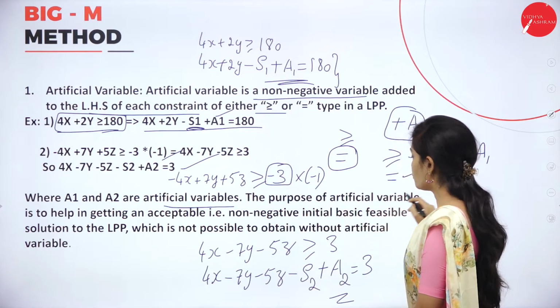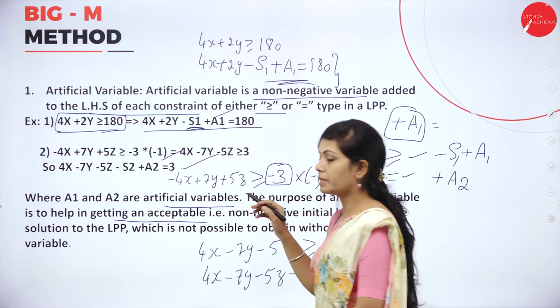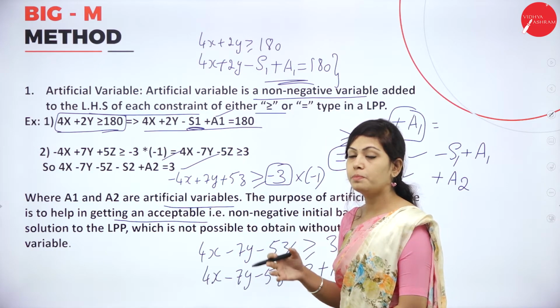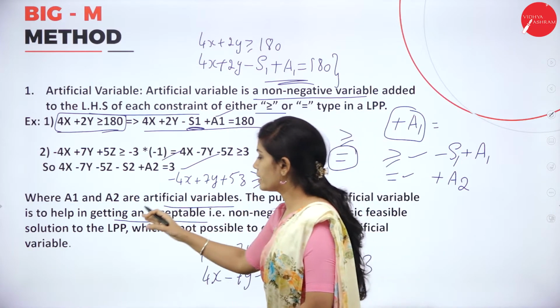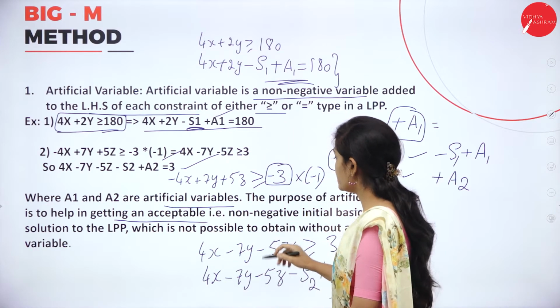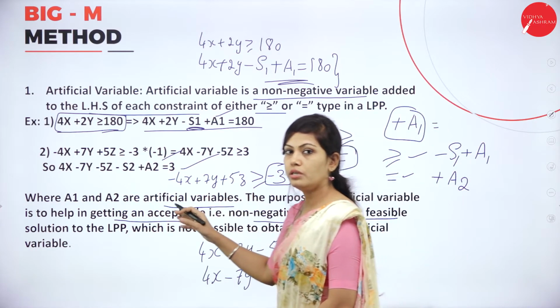The purpose of an artificial variable is to help in getting an acceptable, that means non-negative, initial basic feasible solution to the LPP.